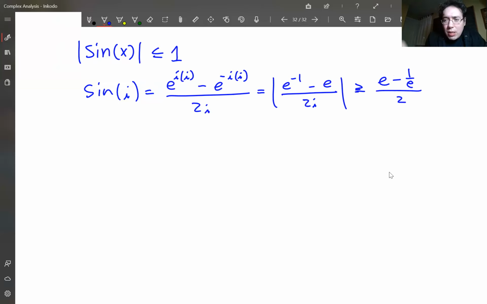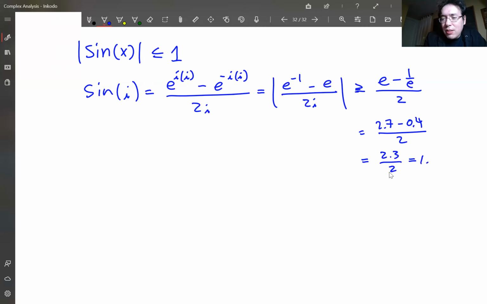This is roughly 2.7. 1 over e is something like 0.3 or so. Let me be generous and subtract 0.4, all over 2. 2.3 over 2.